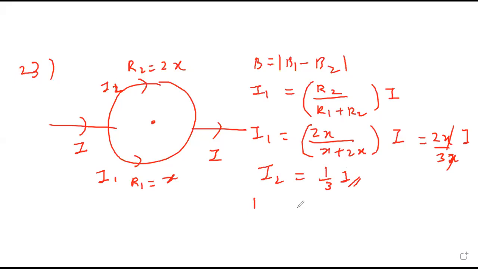Now B1 will be mu naught I1, which is 2/3 I, upon 2 times radius. Radius is given as A, so 2A.